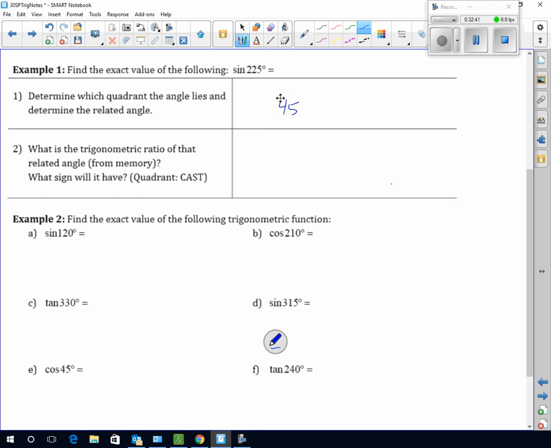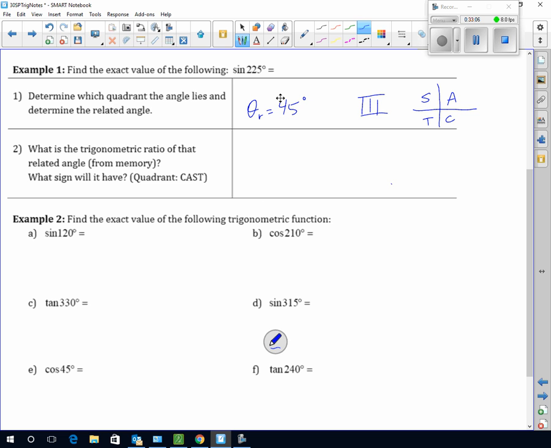And which quadrant is 225 in? 3. Now, remember the CAST rule says that in quadrant 3, the only thing that's positive is tan. So for your ratio, the sign better be what? No, negative, because tan's the only thing that's positive there, right?